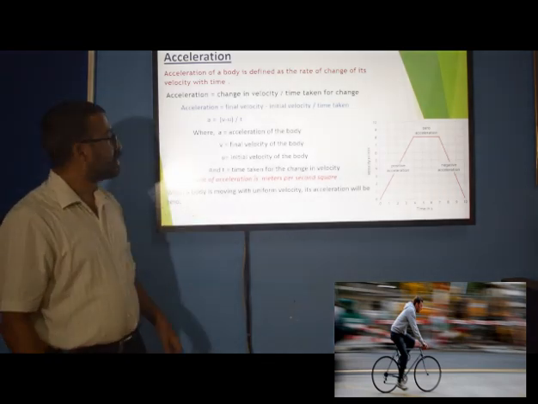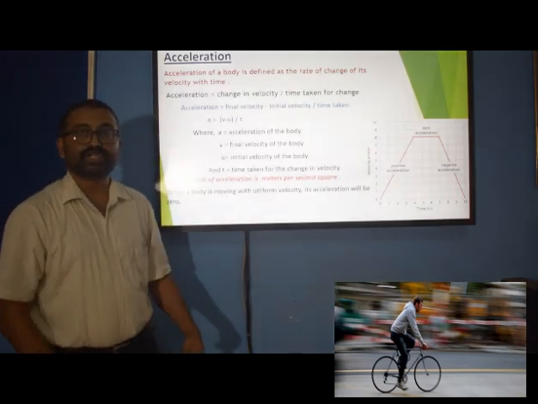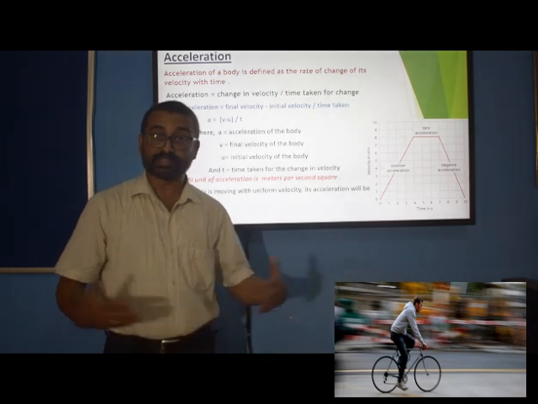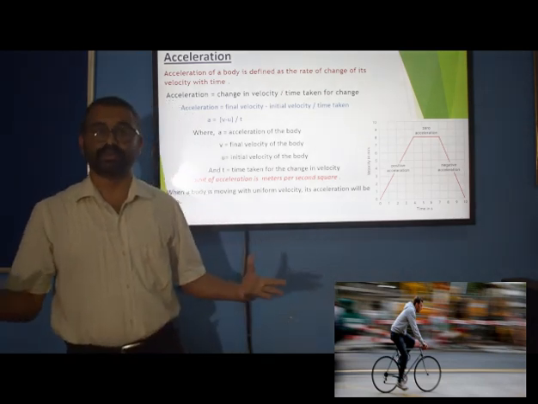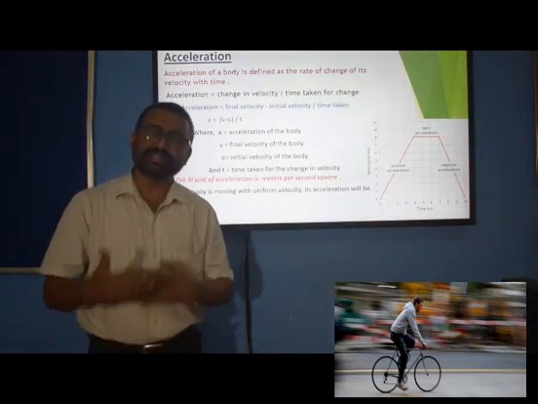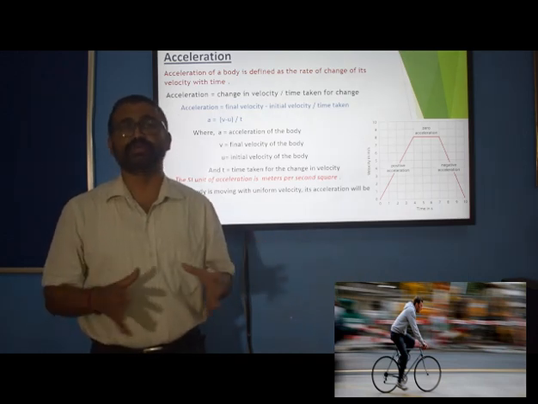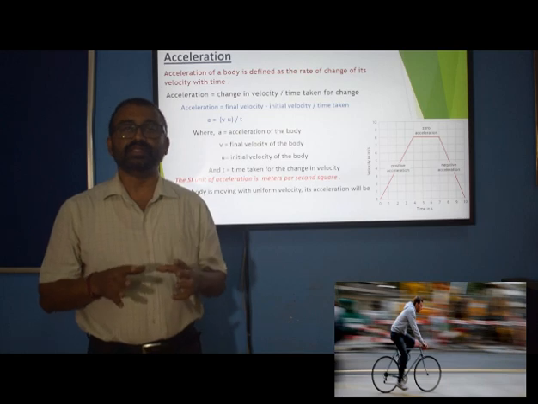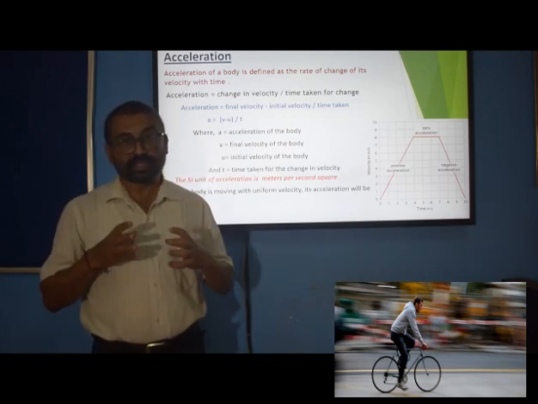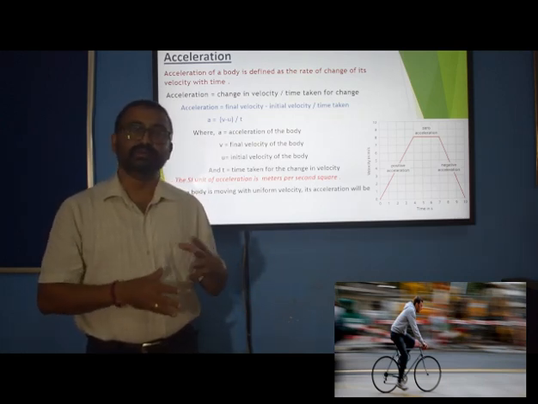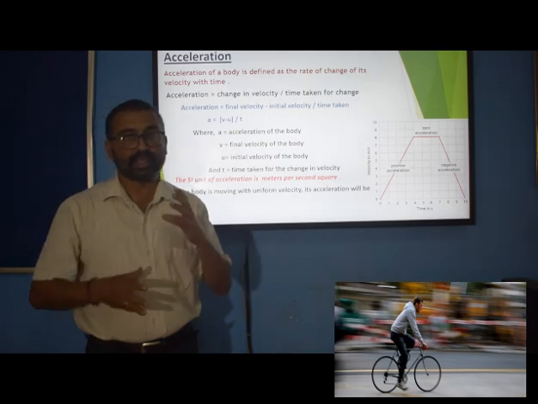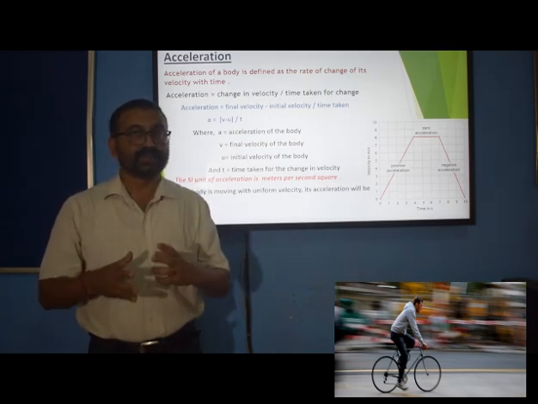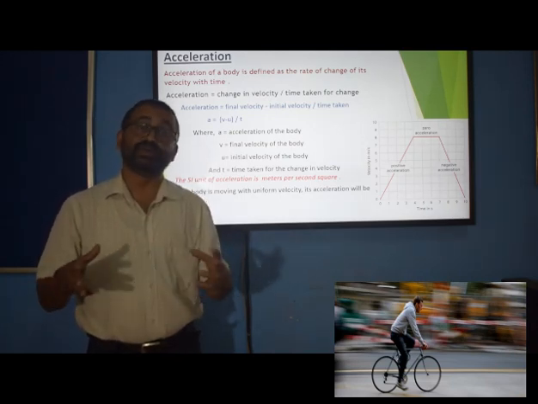Now, dear children, with this we conclude. What is the basic definition of acceleration? Acceleration means speeding up or slowing down: a change in velocity. The basic thing to remember is simply change in velocity. Wherever there is a change in velocity, the body is getting accelerated. Change in velocity doesn't always mean an increase or decrease of speed.